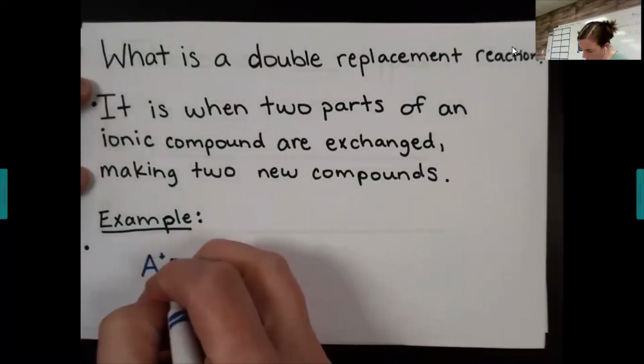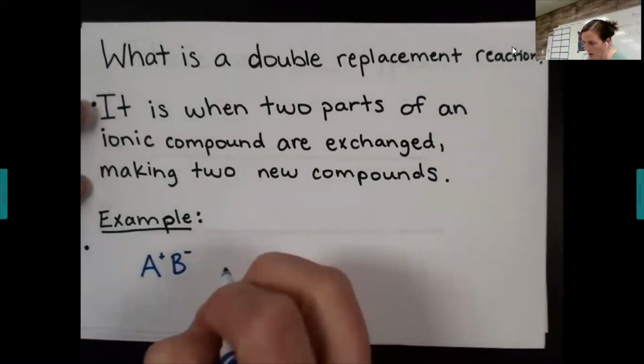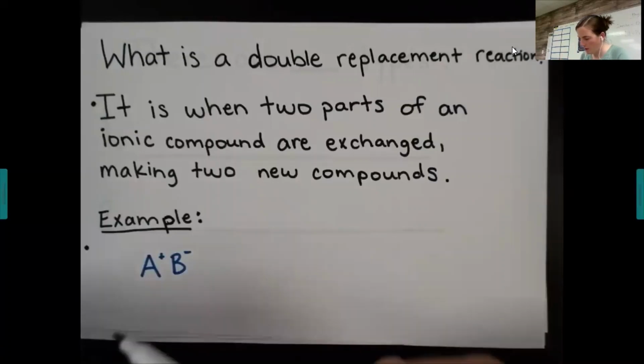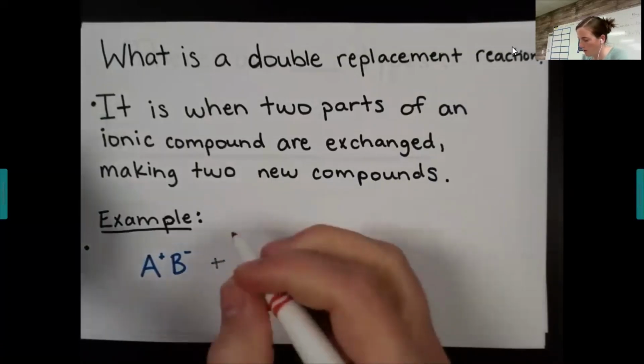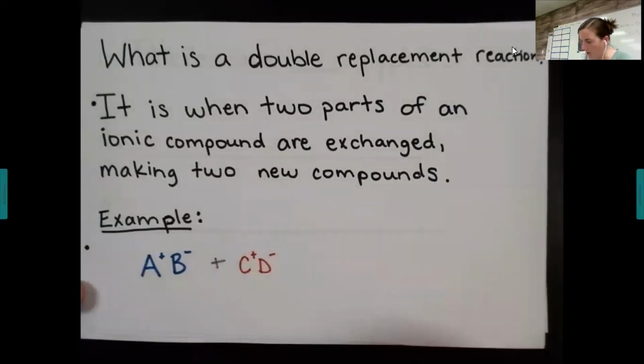a metal and a non-metal, A plus and B minus, plus another ionic compound. This time we'll say C is the metal and D is the non-metal.